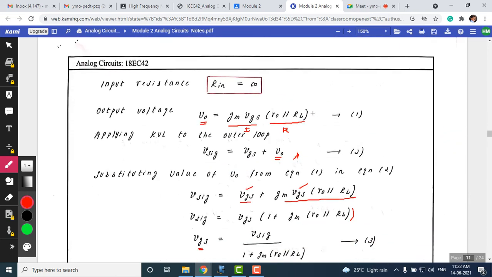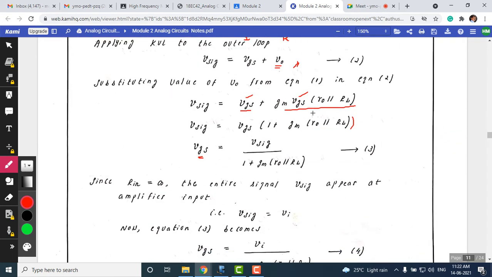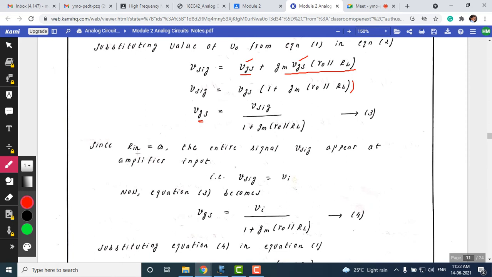Now let us see the other part of the derivation. Since the input resistance of a common drain amplifier is infinity, as we have seen already, because there is an open circuit between the gate and the source, the entire AC signal, labeled as V signal here, appears at the amplifier input. So V signal will be equal to Vi.